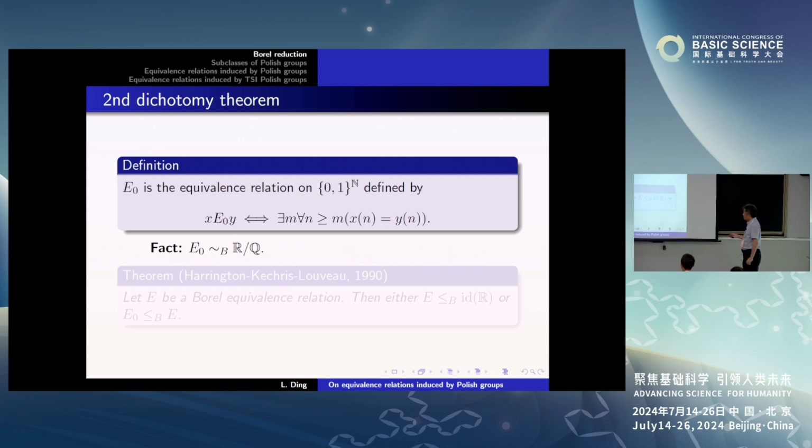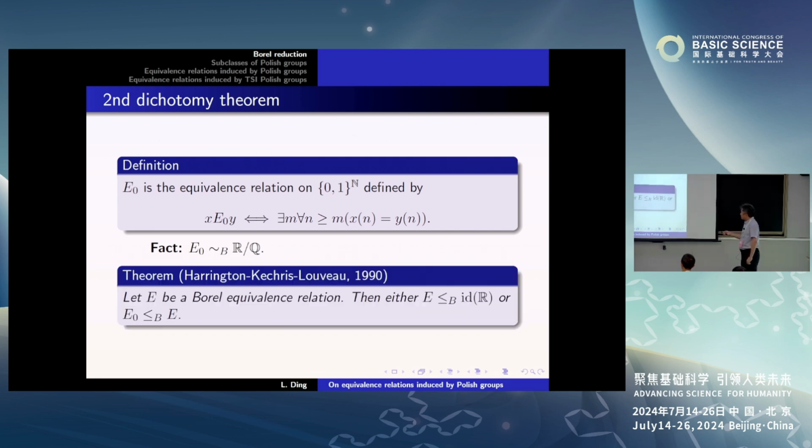We can easily check that E0 is below, bireducible to, R over Q. R over Q means that two real numbers are equivalent if and only if the difference between these two numbers is a rational number. This fact is trivial.